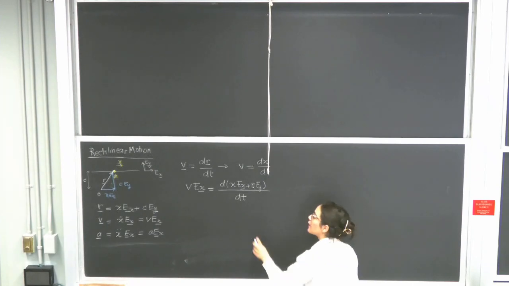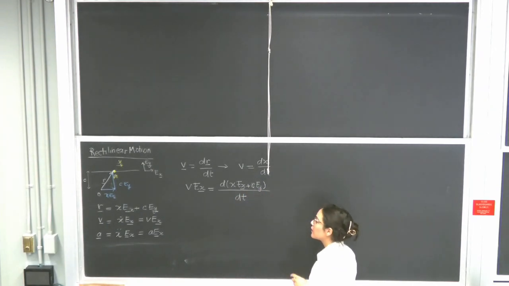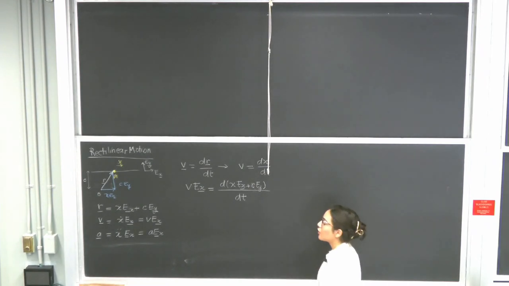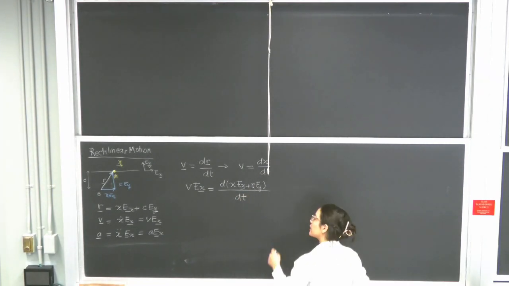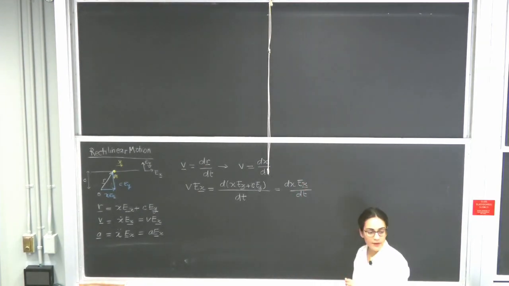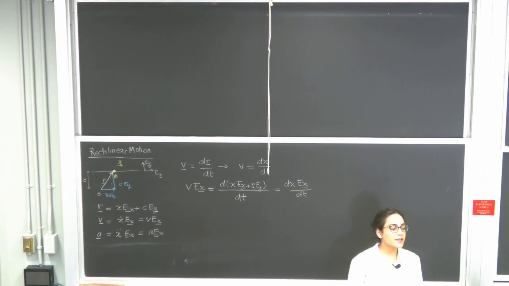Okay. Ex and Ey are constants. The derivative of this constant is going to be 0, so this goes away. Here I'm left with dx Ex over dt. Is that fine? Any questions? Then I can project this equation along Ex. What do I mean by projecting this equation along Ex? It's basically taking the dot product.